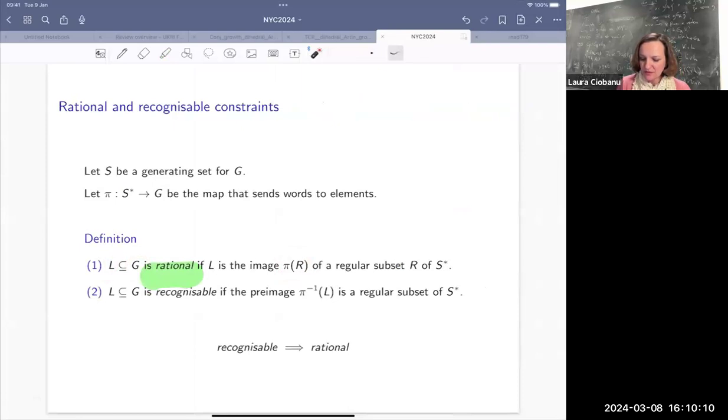So you have a regular set of words over the generating set, and if you project it onto elements and you get the set L, then it means L is rational.